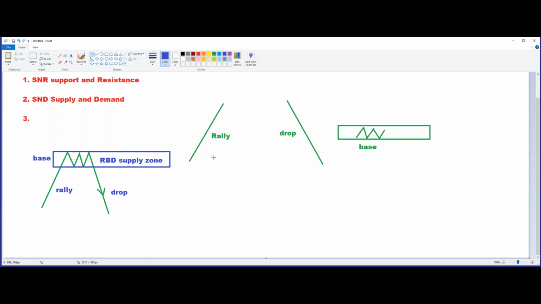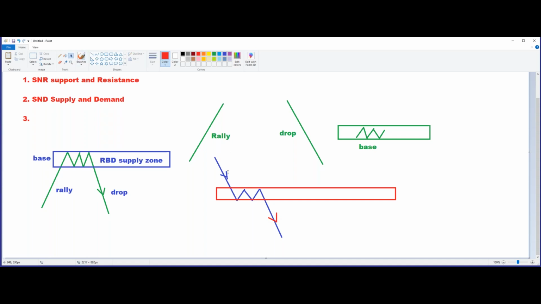Another one we have is a drop base drop. Price goes down, we have a drop here, and then price makes a base, and then it drops again.